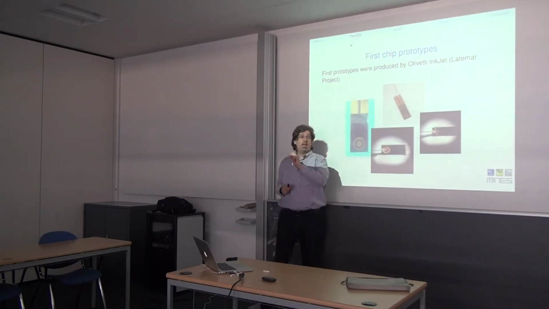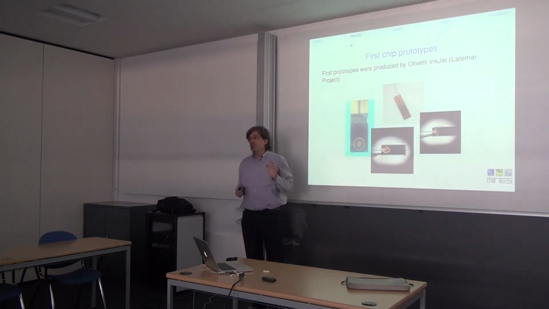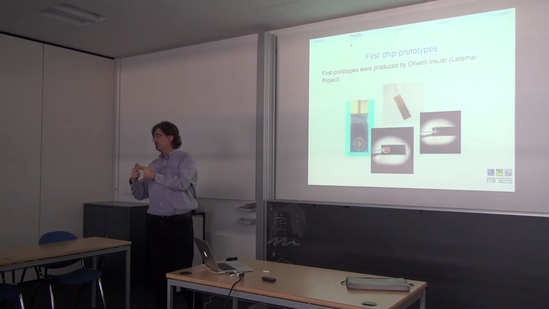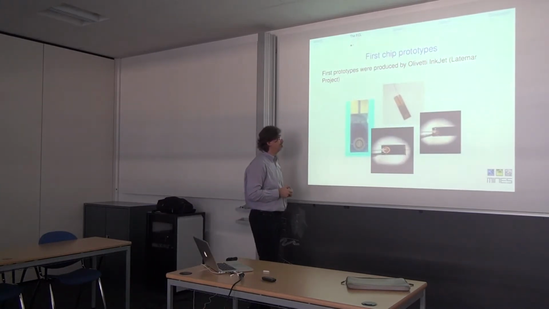So I told you three electrodes, but here you see only two, the working and the counter around. In this case, we did not integrate immediately the reference electrode, we put the reference electrode outside, close. It was not important for us at this stage.